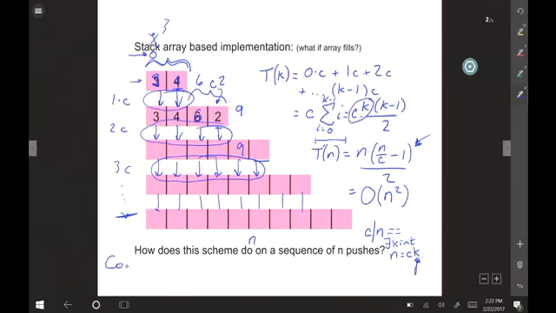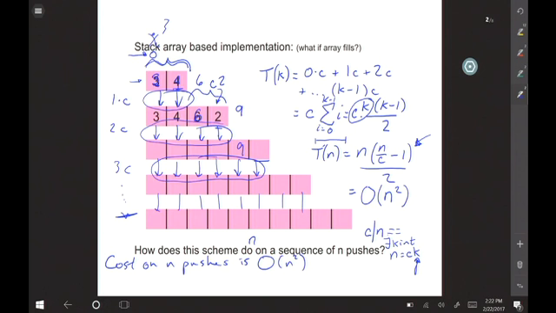So the cost on N pushes is big O of N squared. How does that feel right now? Is it okay? Does that feel good? No, anytime anybody comes to you with a quadratic algorithm, you go, that seems kind of expensive, okay? And you start thinking about ways of improving it.